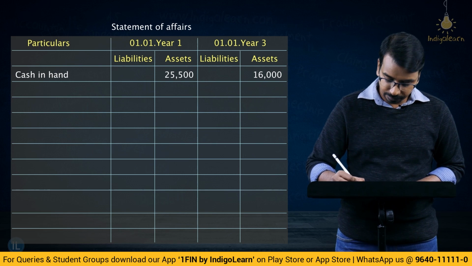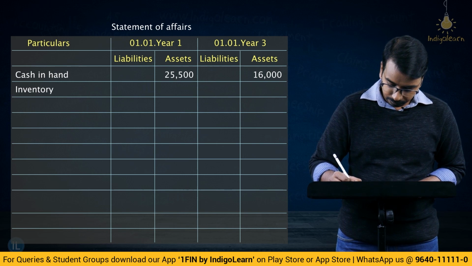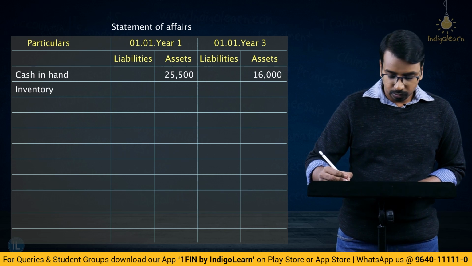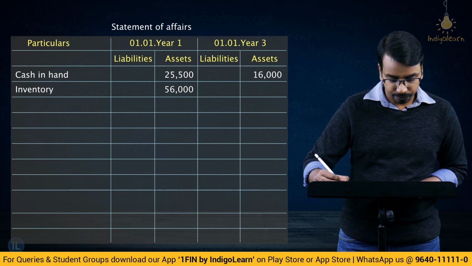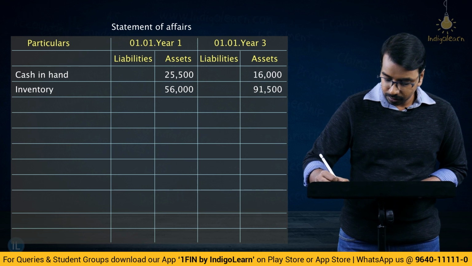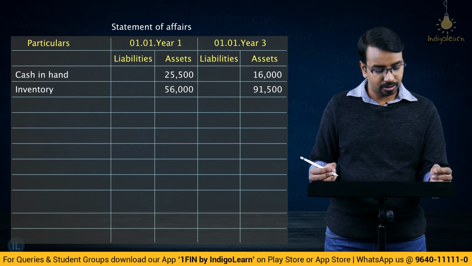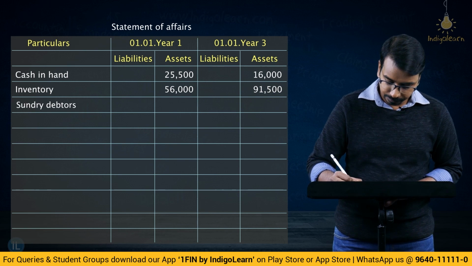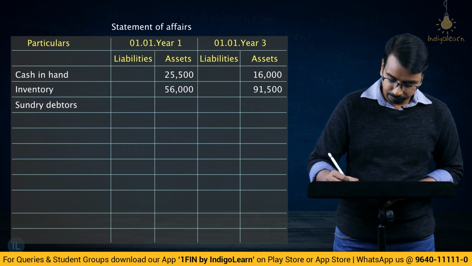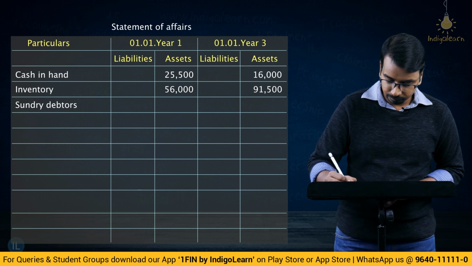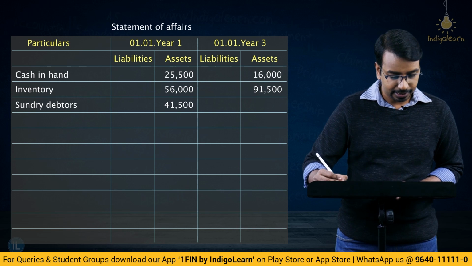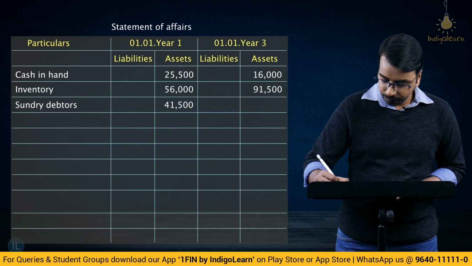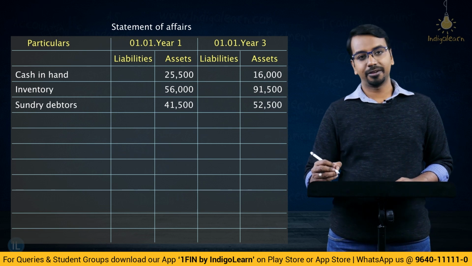Then you have inventory, which is 56,000 and 91,500. Then you have sundry debtors, sundry debtors is 41,500 and you have 52,500.